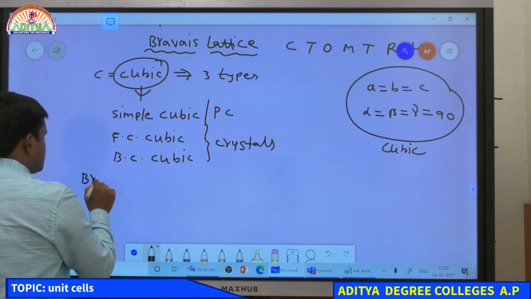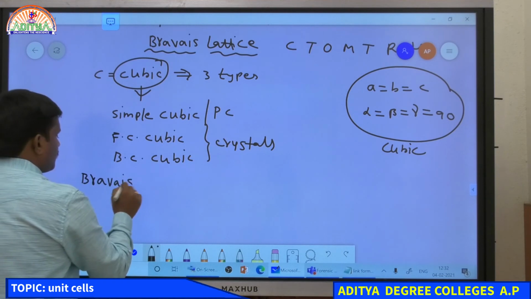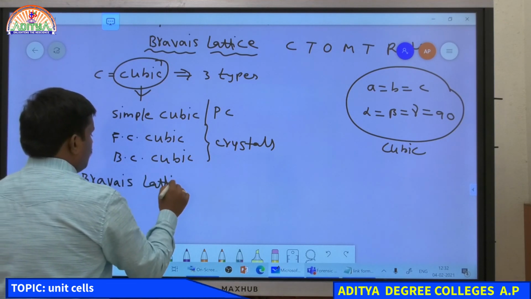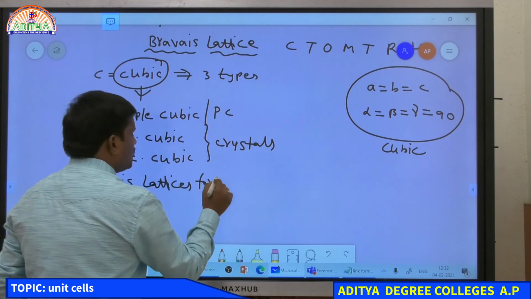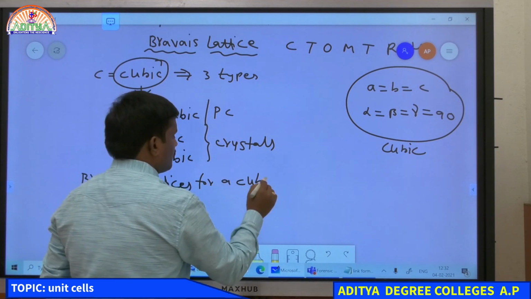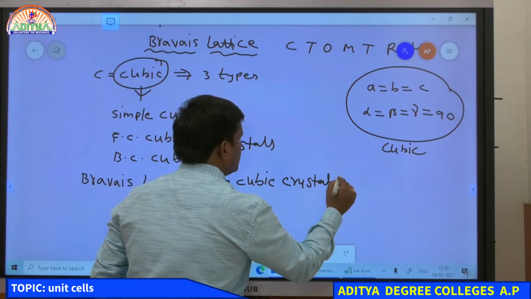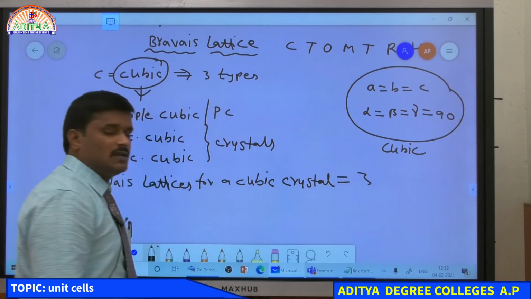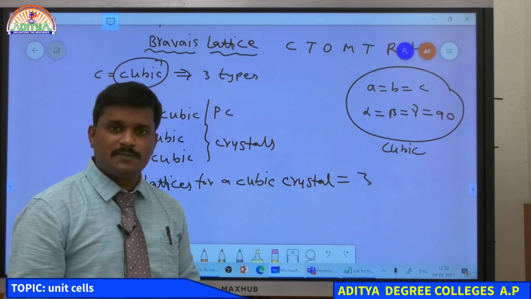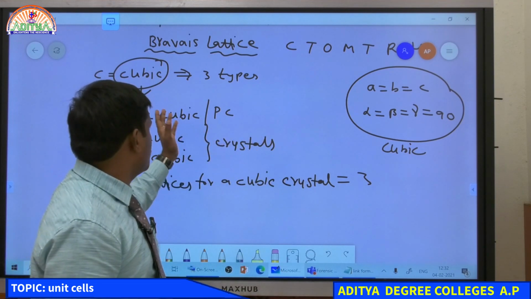Bravais lattices for a cubic crystal is equal to 3, because there are 3 types of unit cells present in this cubic crystal.